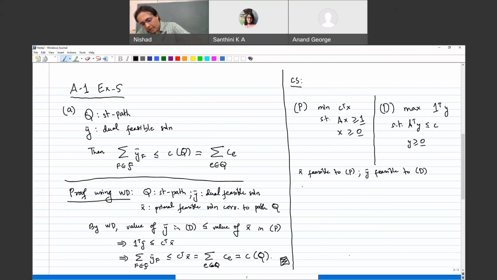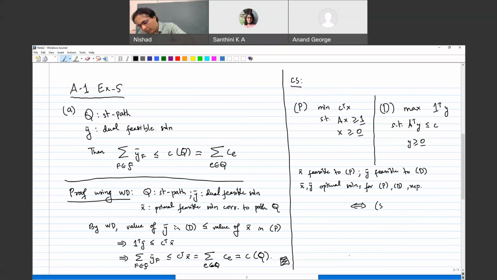The theorem says that X bar and Y bar are both optimal solutions for the primal and for the dual respectively, if and only if they satisfy the complementary slackness conditions.